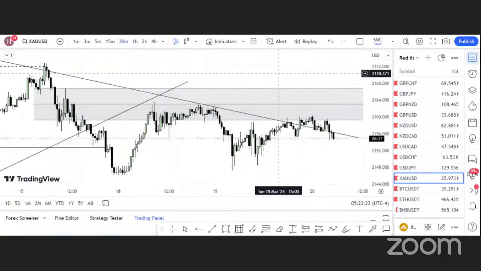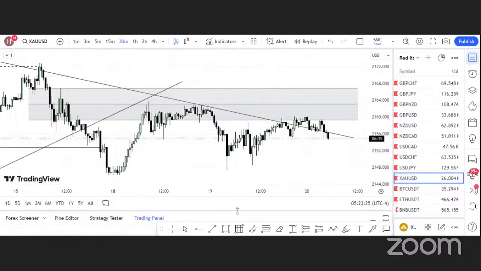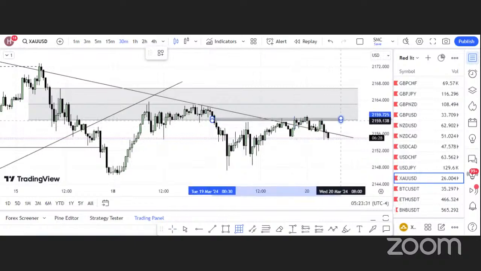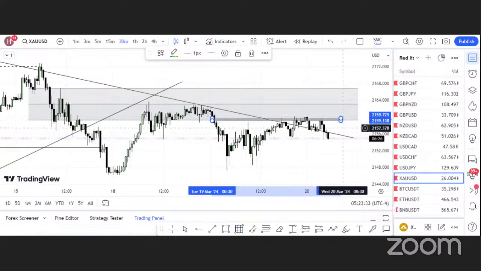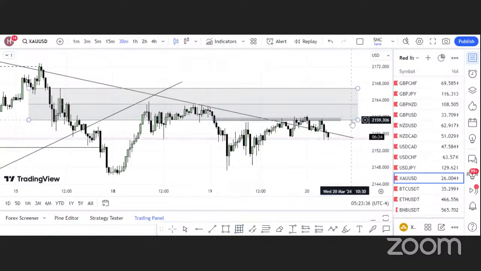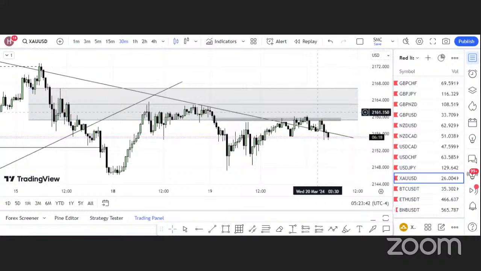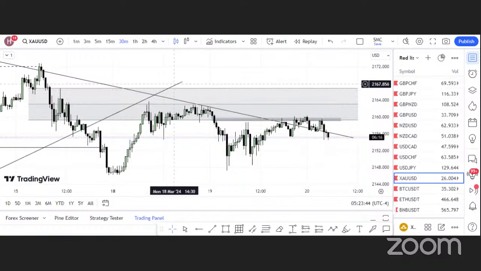We made good profit yesterday. So if you sold gold yesterday, gold was very profitable. We didn't hit all our TPs, but we hit TP1. You understand?